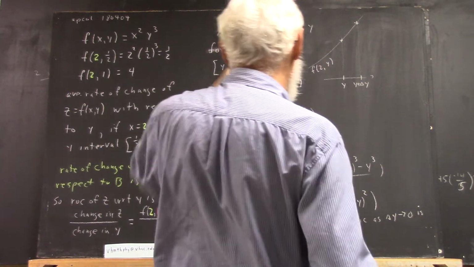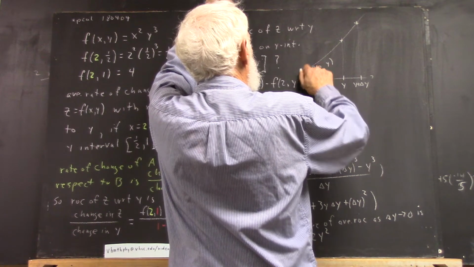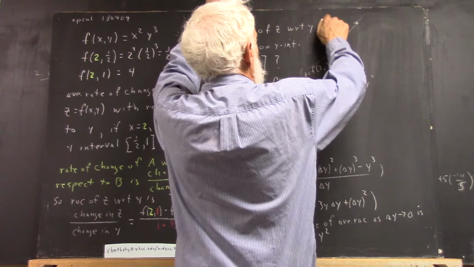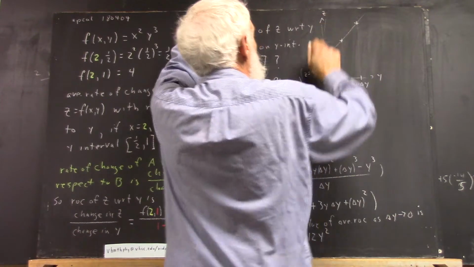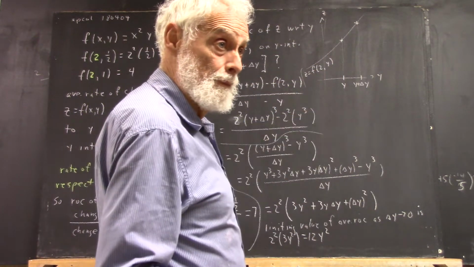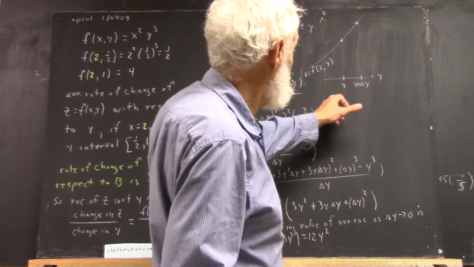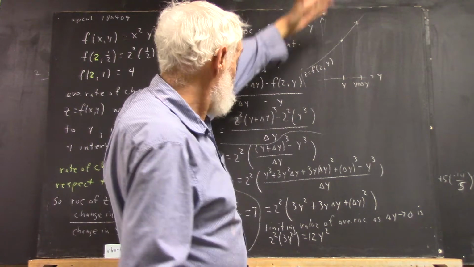Okay? So it's as though you're on a YZ plane, okay? With y changing from y to y plus delta y, this function f of 2y is doing something.